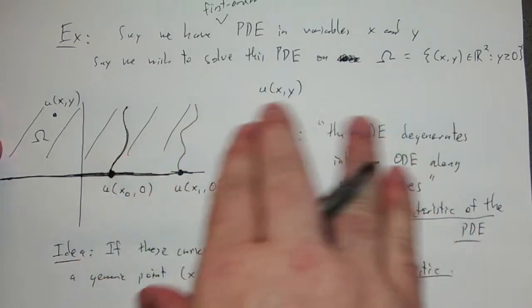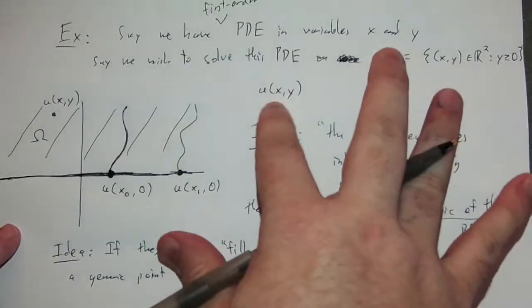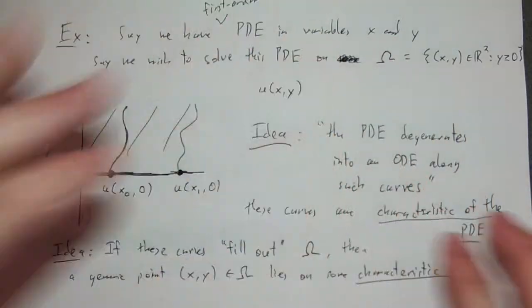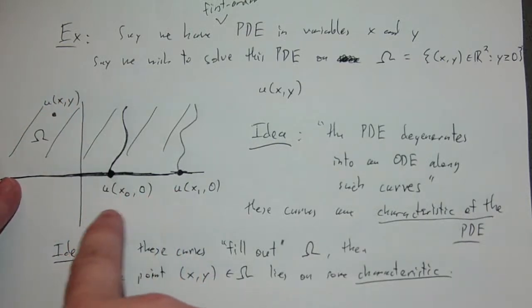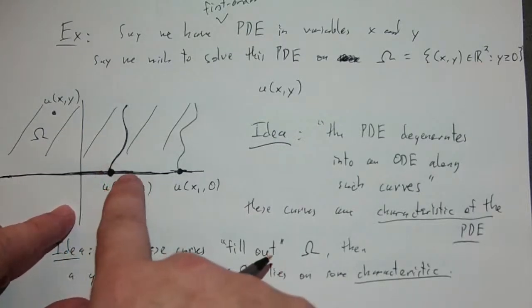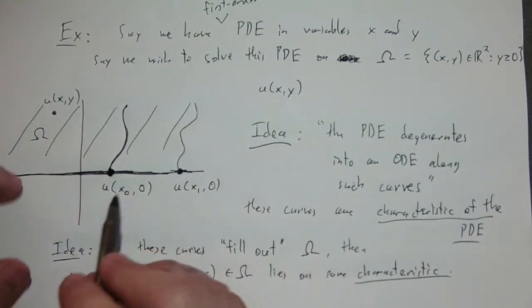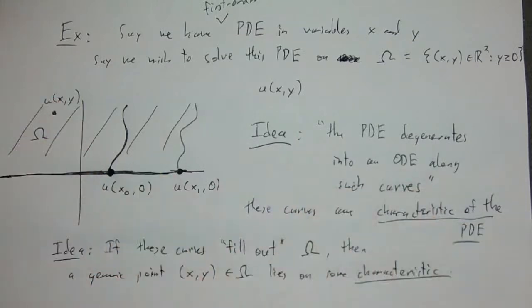If you thought about graphing this thing, the graph of a function of two variables would be, if you're lucky, some surface sitting over this region. So when I label these points with u values, I'm saying that the value of u is specified here. I'm not saying that this point is the value of u. It's that the value of u sits, if you like, above this point. We're not going to think about that too much in this context.